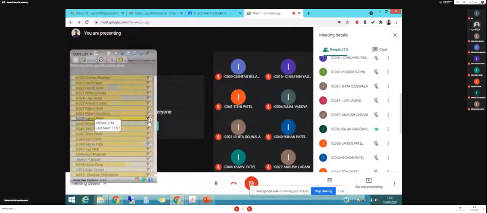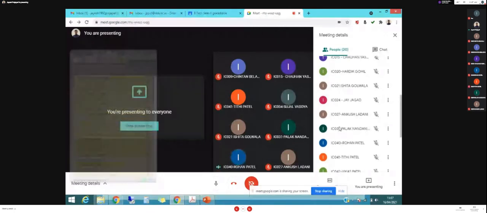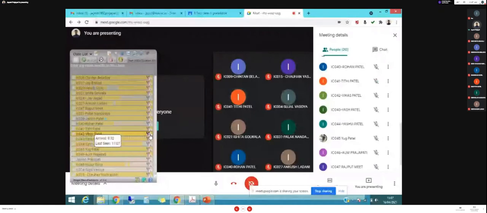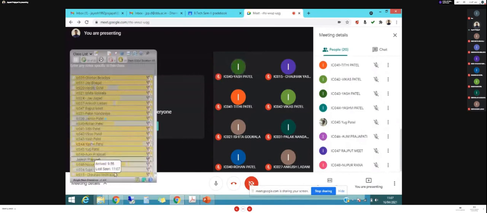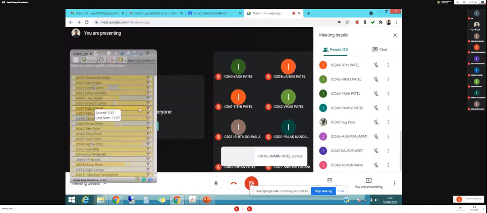Roll number 38 present. Roll number 40 present. Roll number 41 present. Roll number 42 present. 43 is present. 44, 45, 46 present. 47 and 48 present.